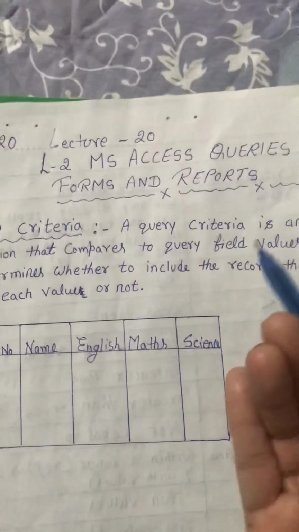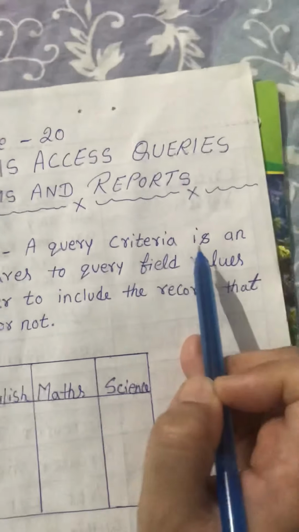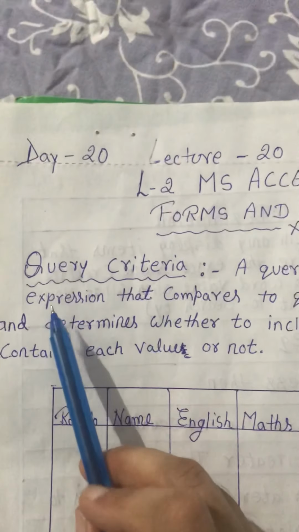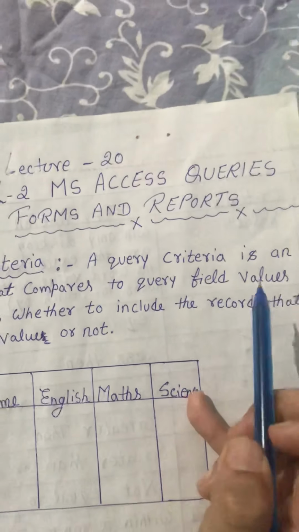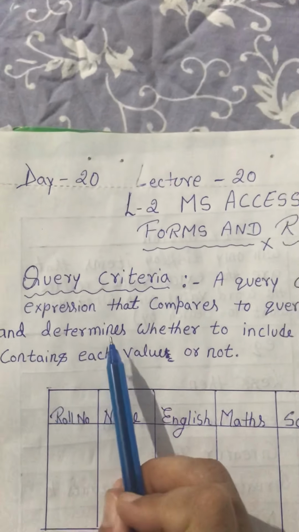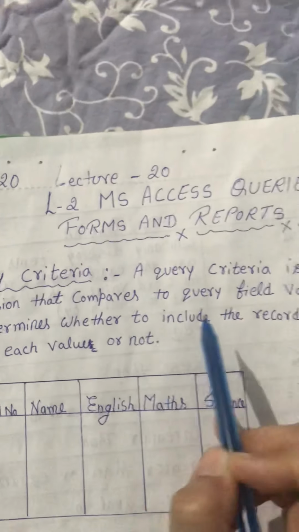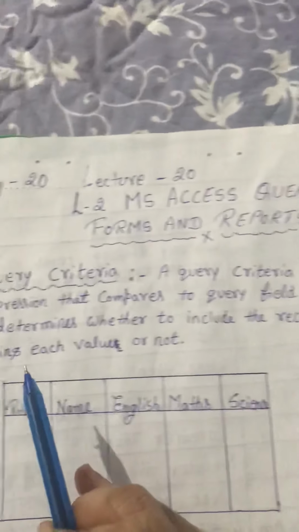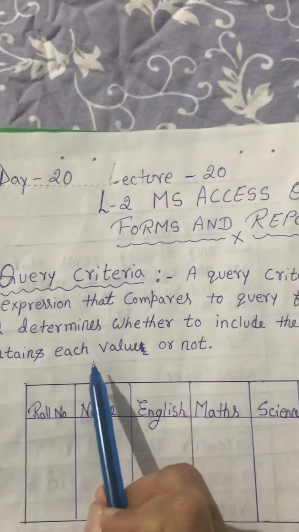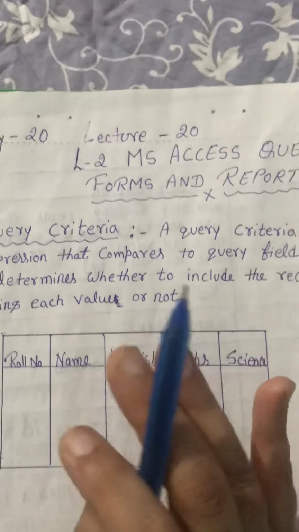I'm repeating: a query criteria is an expression that compares the query field values and determines whether to include the record that contains each value or not.